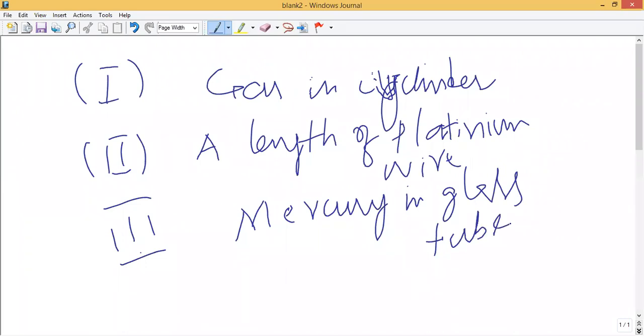Okay, these were the three thermometers we discussed, and we also discussed their thermometric properties.